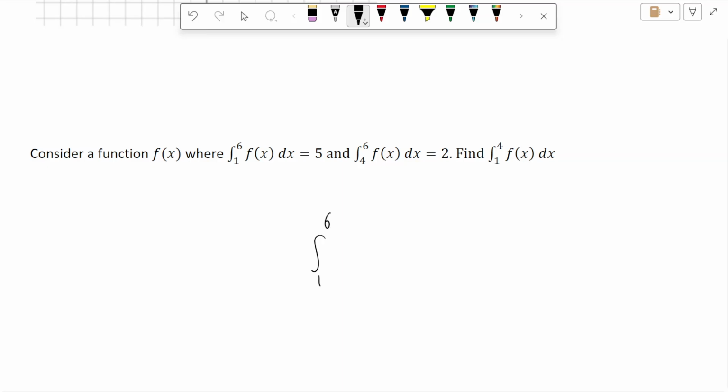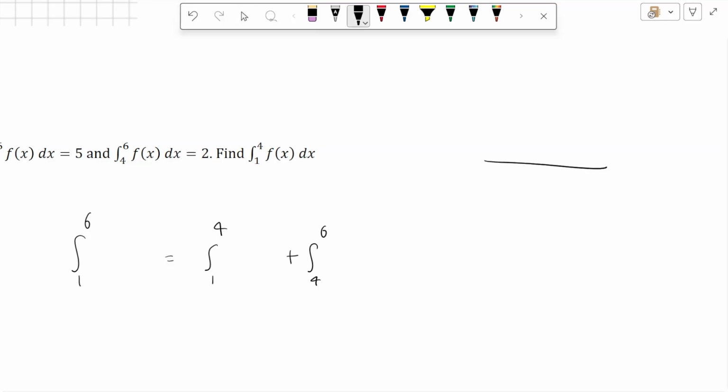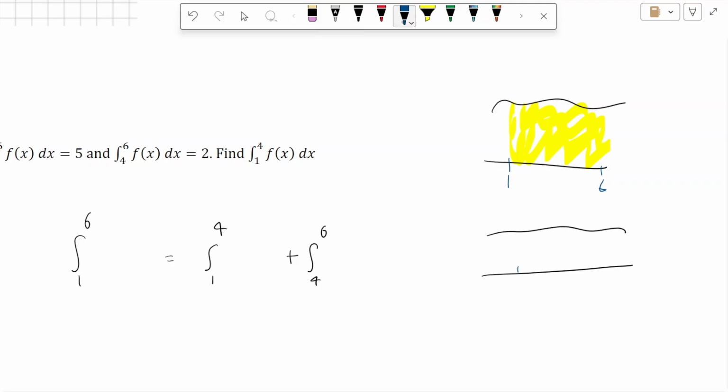Well, the integral from 1 to 6 is like going from 1 to 4 and then going from 4 to 6. So if this was a function normally, and I wanted the area from 1 up to 6, I could get that whole yellow area there. Or if I want the area from 1 to 6, I could go and put 4 in the middle there.